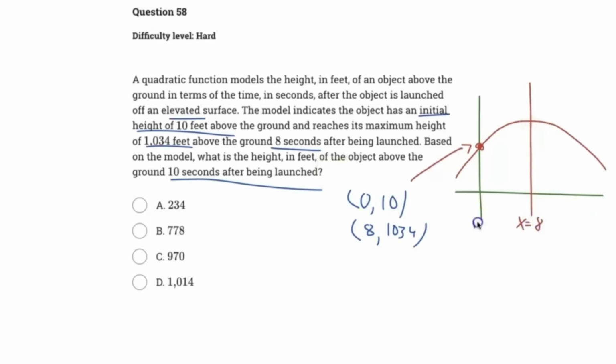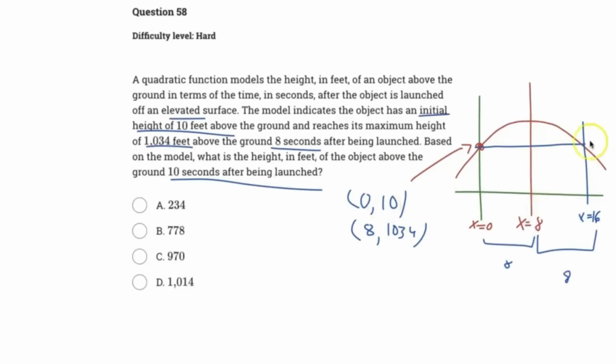So if this is x equals 0, and this is x equals 8, then this value over here, when it returns back to the starting value, has to be x equals 16, because this is a change of 8, and this is also a change of 8. Both sides of the axis of symmetry are equal.